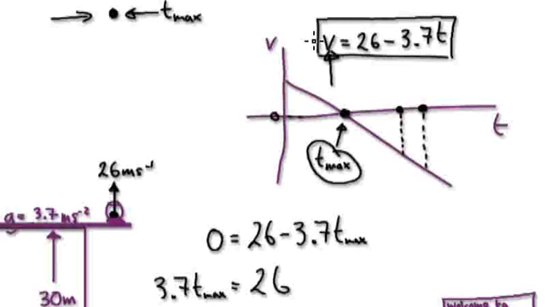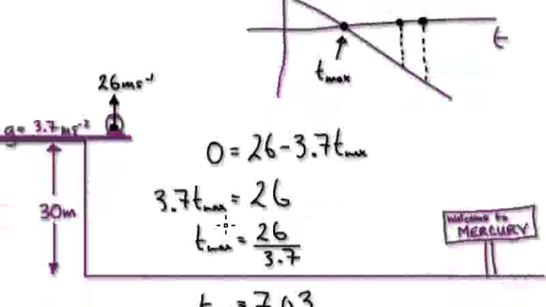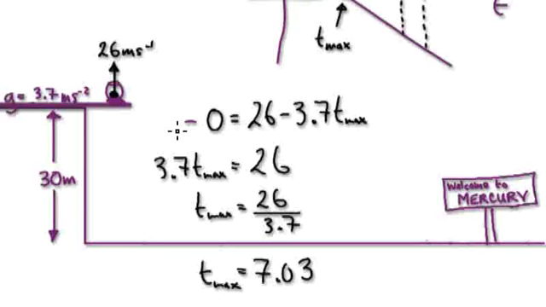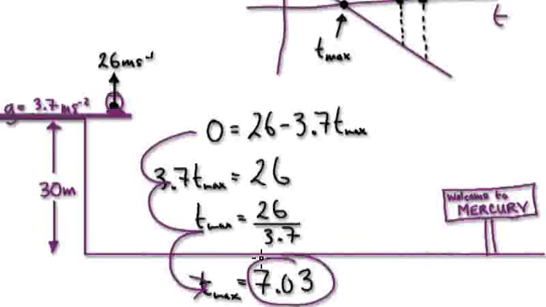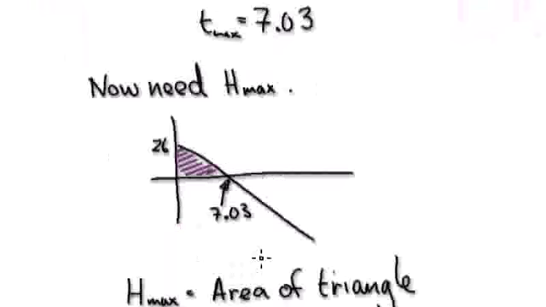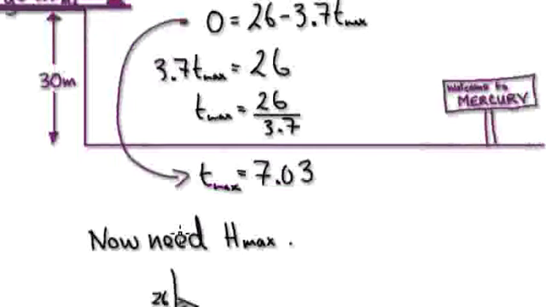And then this whole thing here becomes this, and then basically just follow through, and T max is 7.03 seconds. So we started here, and that's the answer for T max.